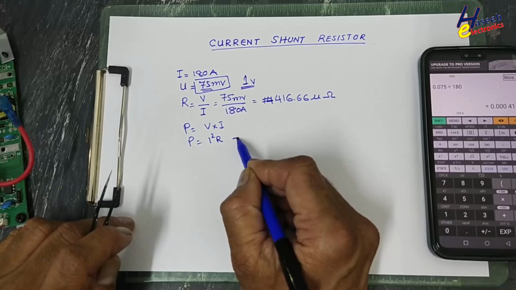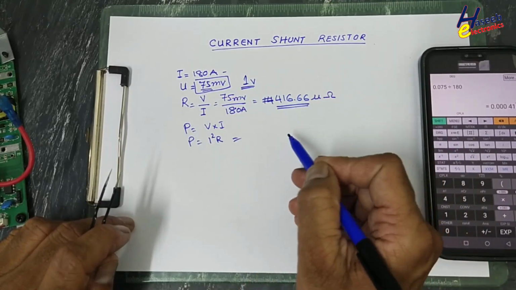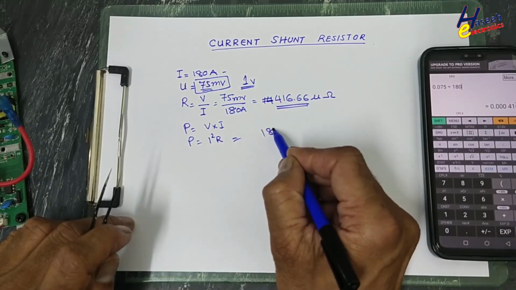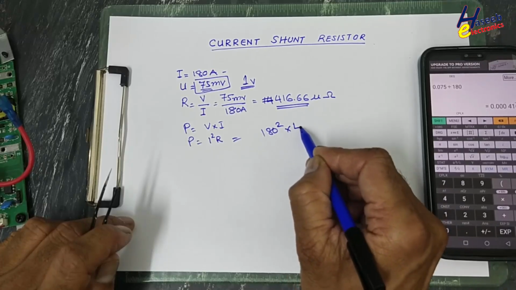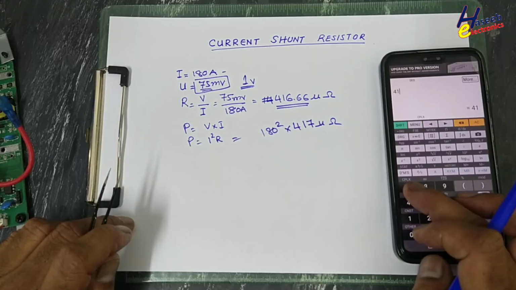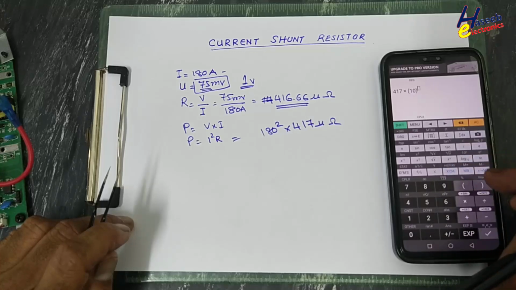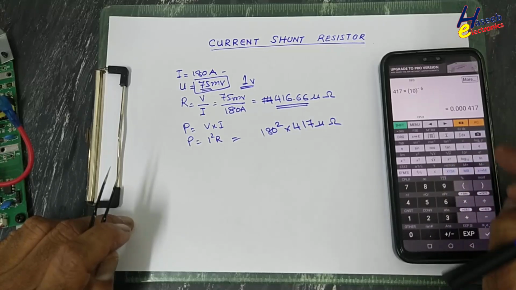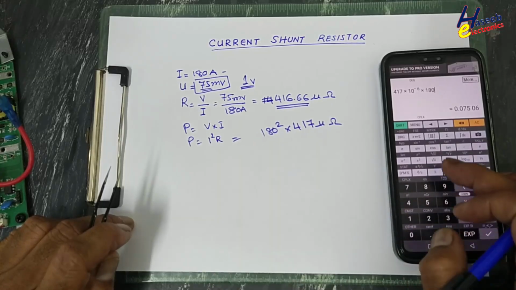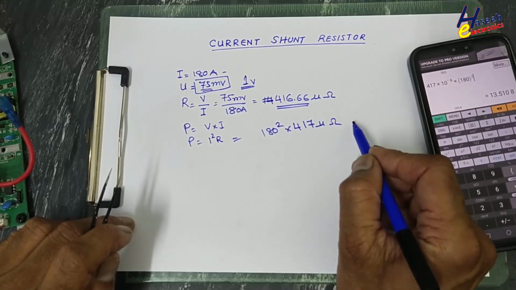If we discuss this resistor value and this amount of current, I is 180 ampere and R is 417 microohm, which is 417 times 10 raised to power minus 6. Multiplied by 180 ampere square, that is 13.5 watt.